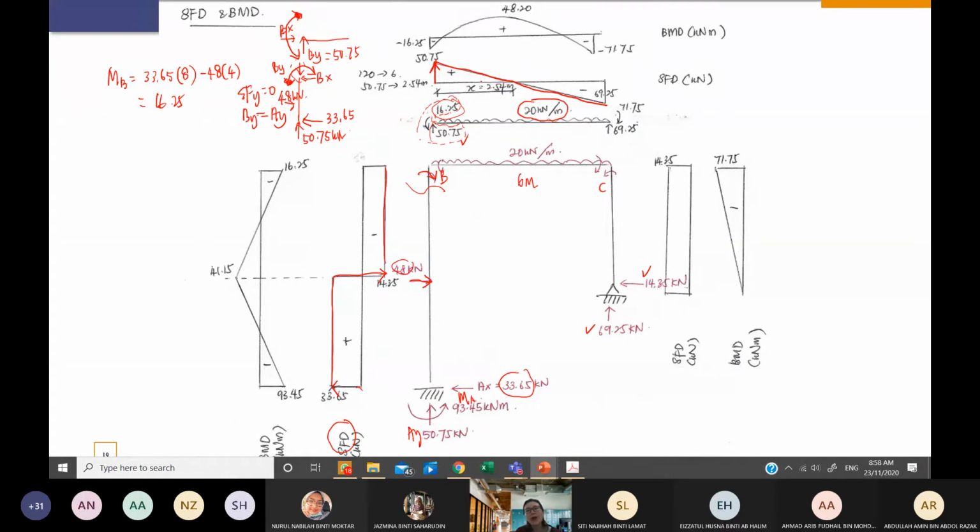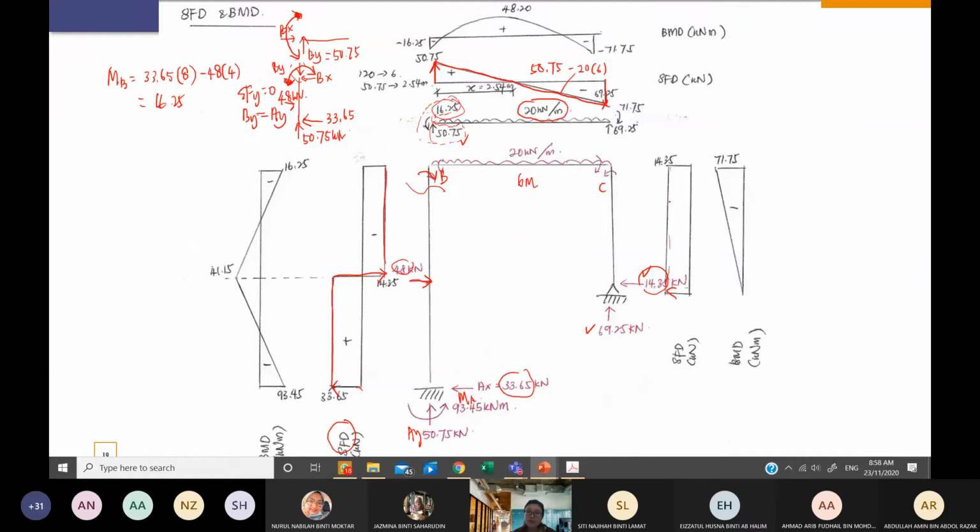How much the depth will be depends on these loadings, so it will be 26. So 50.75 minus this 120, you will get this 69.25. From here you can start drawing your shear force on the other sides. There is no problem. So you have this 14.35.